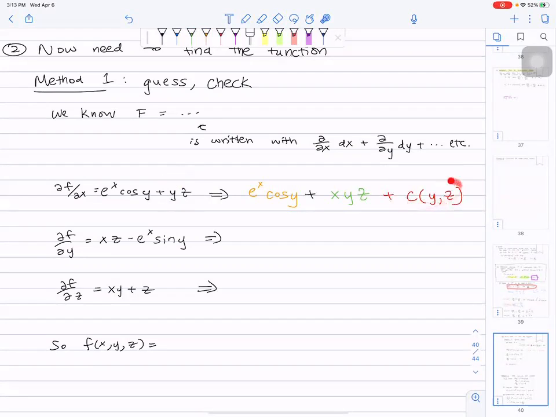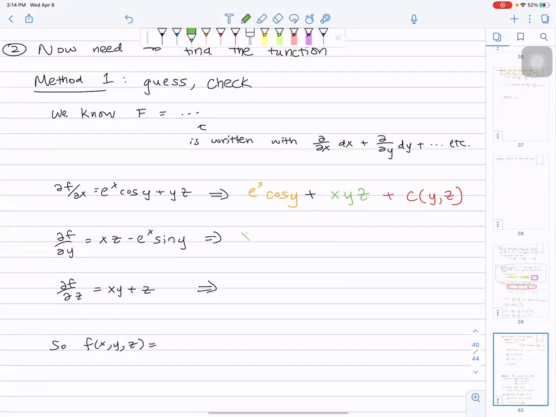Because when we take the derivative with respect to x, there's no x's in that term, so it becomes 0. So it is true that the partial of our right side will give us the left, but we don't know what this red thing is yet. Then the second one, let's take the integral with respect to y.